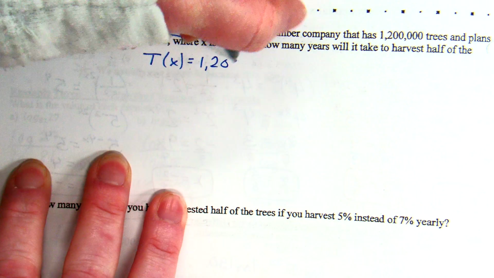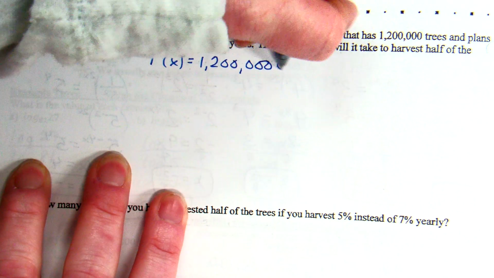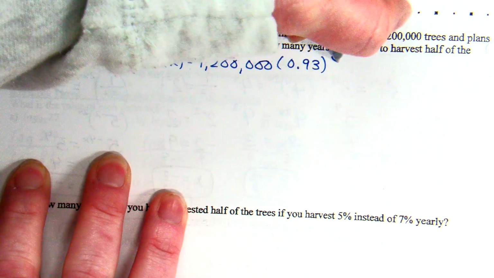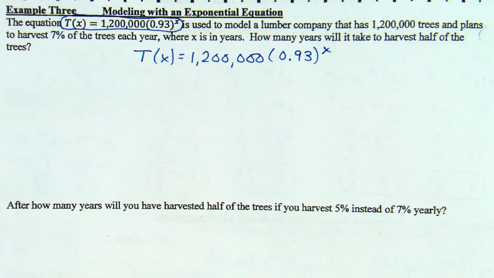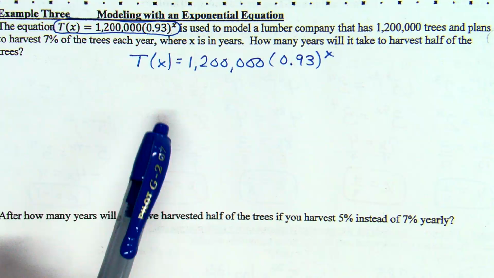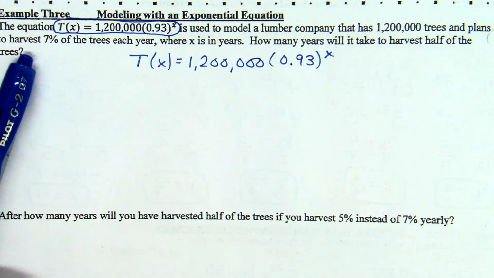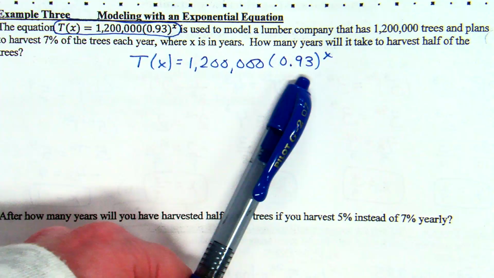So T of x equals 1,200,000 times 0.93 to the x. Now, if you notice when you read the problem, it talks about that equation modeling the 1,200,000 trees. That's already in the equation, yes? And it also talks about plans to harvest 7% of the trees each year.